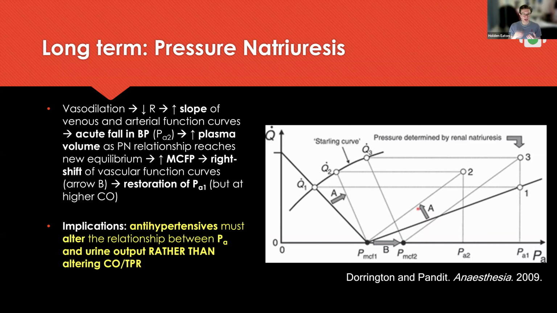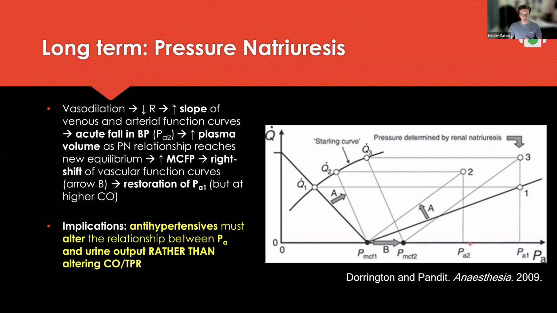So you've therefore caused an acute fall in blood pressure, modeled by point 2, PA2. You're at a lower arterial blood pressure. Your body senses this as a reduced blood flow to the kidney. And because the kidney is hoping to maintain long-term blood pressure, it responds by increasing fluid retention, or fluid resorption.